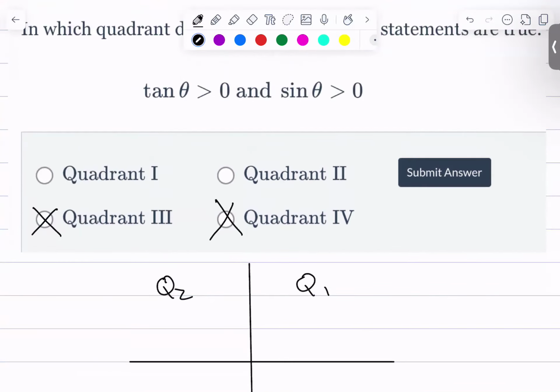Among these two quadrants, quadrant 1 and quadrant 2, where is tangent positive? Tangent being y over x, right? So they both have to have the same signs, positive and positive or negative and negative. It has to be quadrant 1. Okay? So that's the answer there.